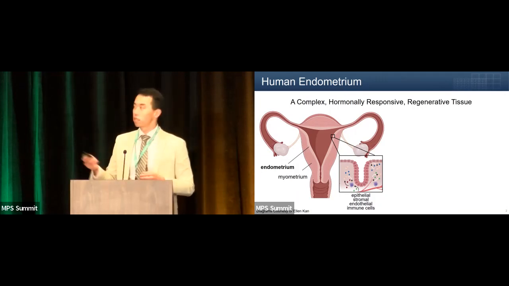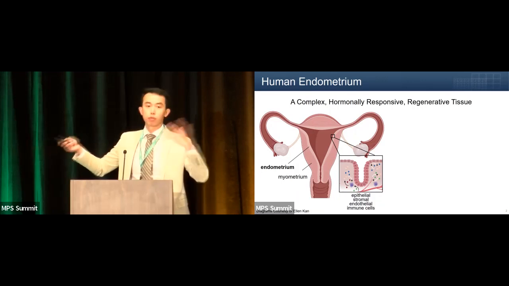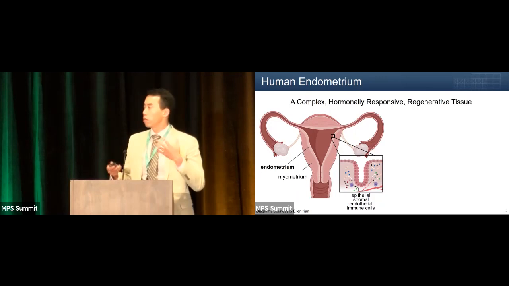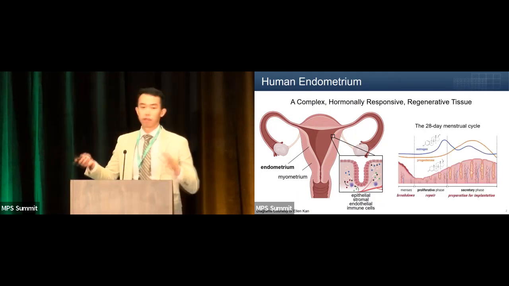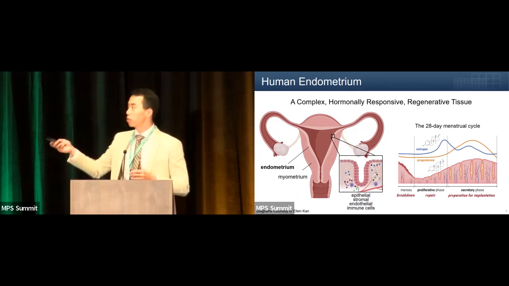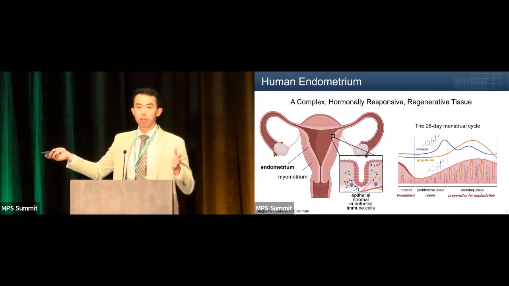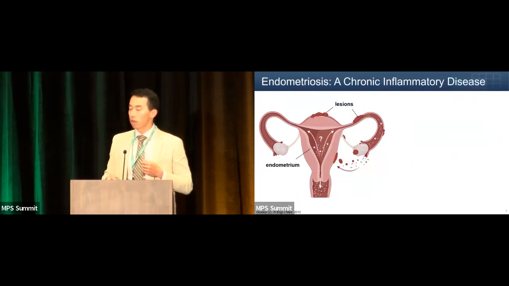It's comprised primarily of a luminal glandular epithelium with a bunch of stromal cells, and there are tissue-resident macrophages and NK cells. These interactions are of particular interest because they change over the course of the 28-day menstrual cycle. In particular, the stromal cells undergo the decidual process, which primes the tissue to be prepared for the pre-implantation embryo.